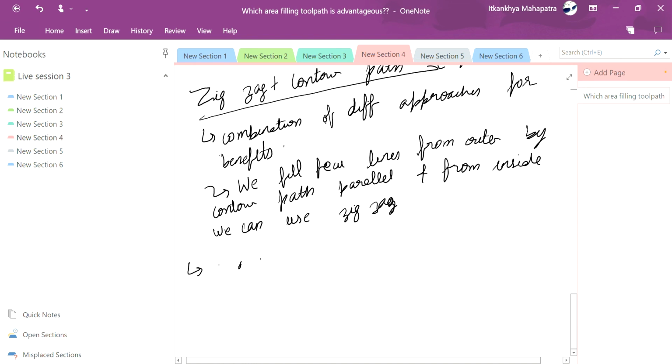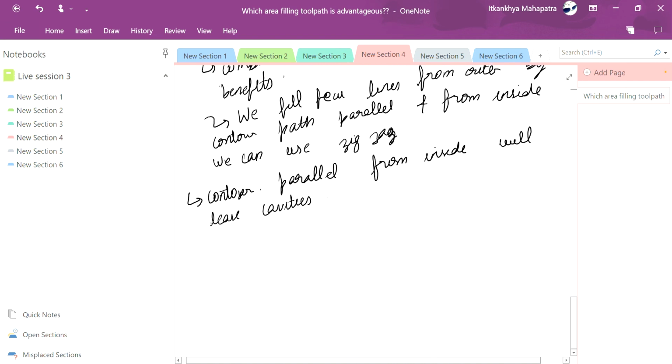Because contour parallel from inside will leave cavities. So a combination of zigzag and contour path gives the best option.